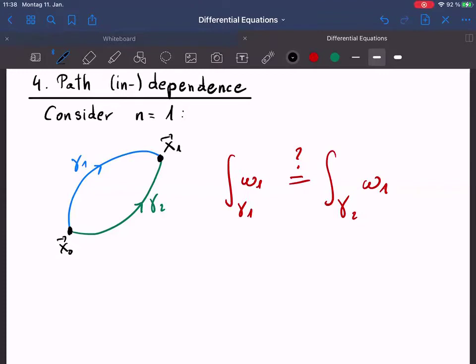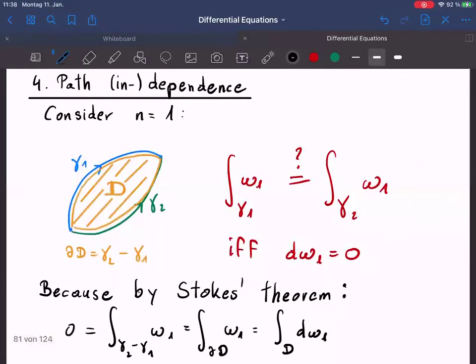Now I can ask, if I integrate my differential form omega 1 over each of the two paths, do I get the same thing or not? I guess you know the answer. In general, you won't get the same thing. But in order to get the same thing, you need the derivative of omega 1 to be 0.